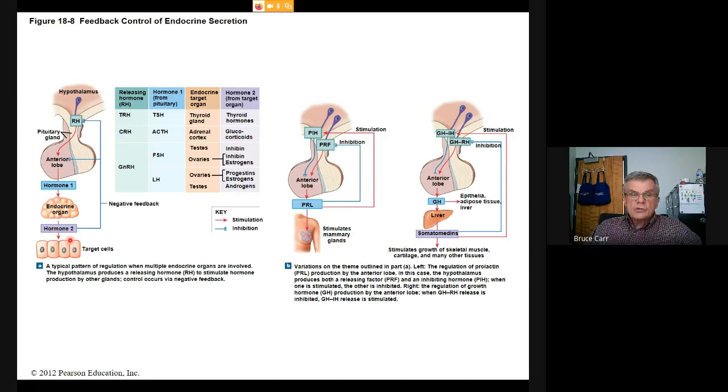That sequence is illustrated here with TRH, the thyroid releasing hormone, that causes thyroid stimulating hormone from the pituitary to activate the thyroid gland, which releases T3 and T4. Over here, we're going to the adrenal cortex.